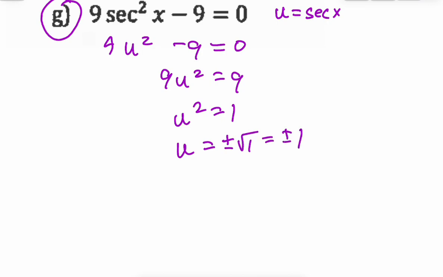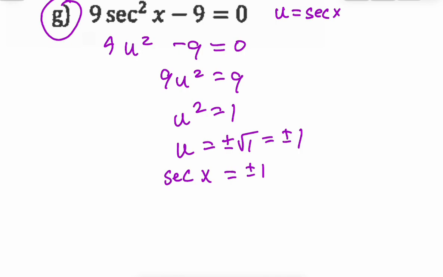Now, only once you have solved for your variable do you put the trig back in. Now, my brain doesn't go to secants very easily. Secants and cosines are reciprocals. So I would flip the numbers you see there, and I would think cosine.